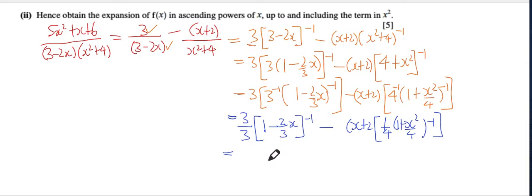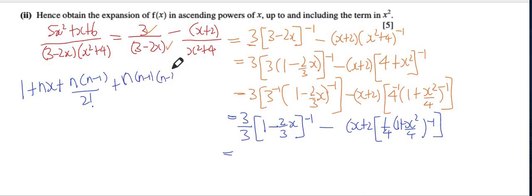This is where I'm going to use the binomial expansion method. So we know the formula, 1 plus nx plus n(n minus 1) over 2 factorial x squared, and then plus n(n minus 1)(n minus 2) over 3 factorial, and then plus dot dot dot. You only need to do up to x squared, so you don't have to expand too many terms. Okay, so just solve that.